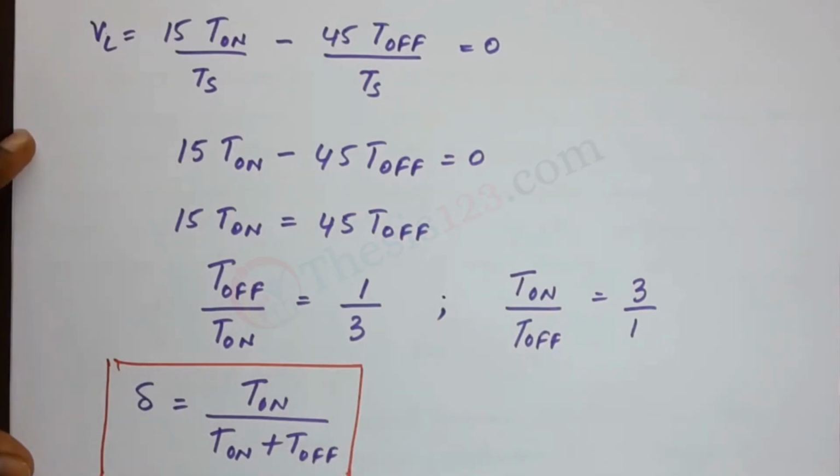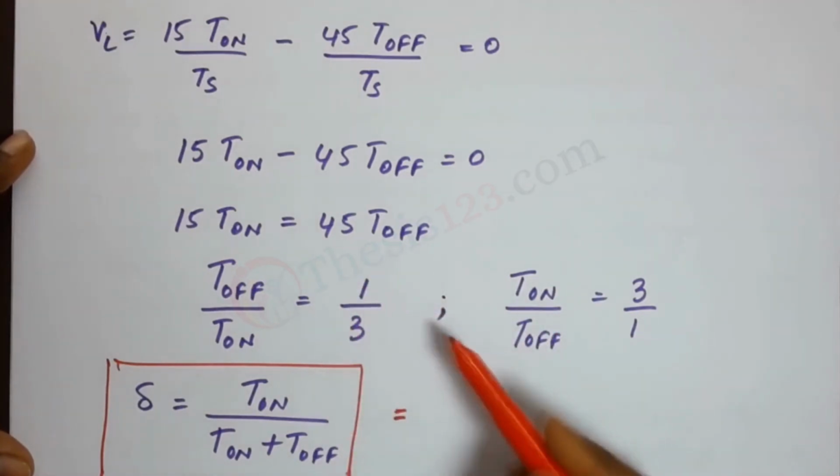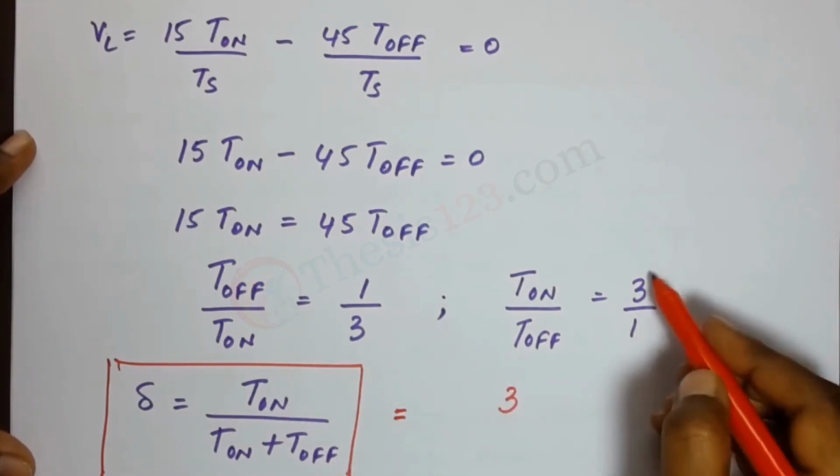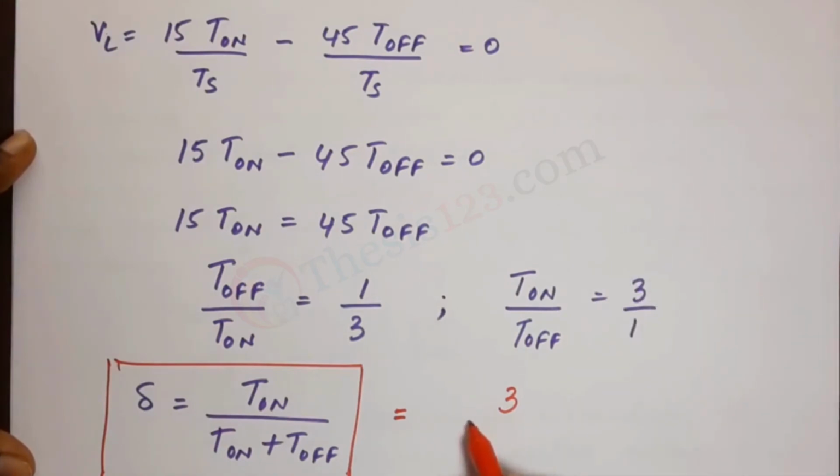Delta is equal to T on by T on plus T off. Now, using the ratio that we have just found, we can write this as 3 divided by 1 plus 3.